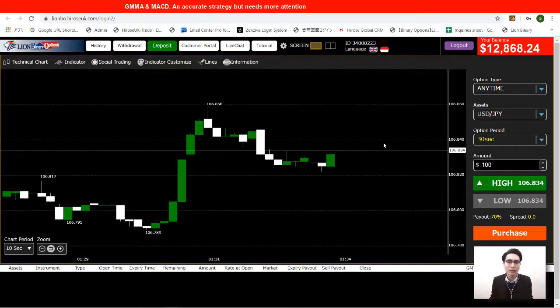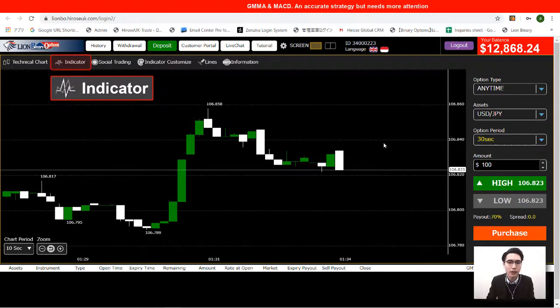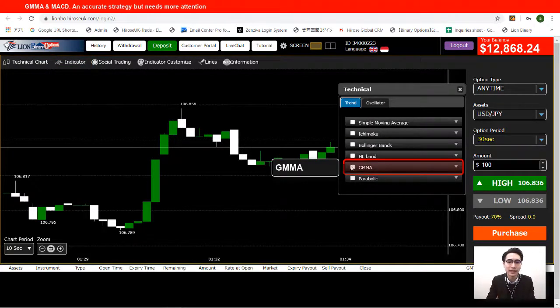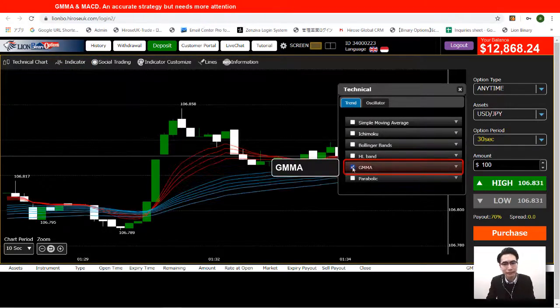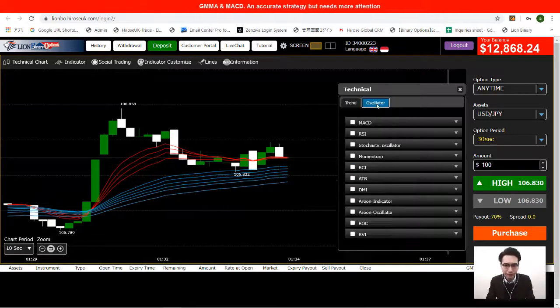Okay, so anyway, we will set up the technical indicators. We will go to indicator, and then select the GMMA. It's on default, so nothing to change. Then we go to oscillator and choose the MACD.